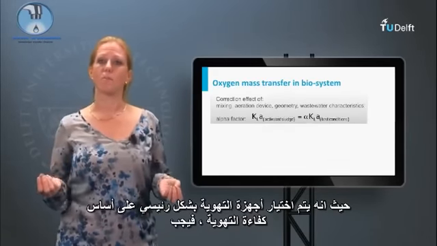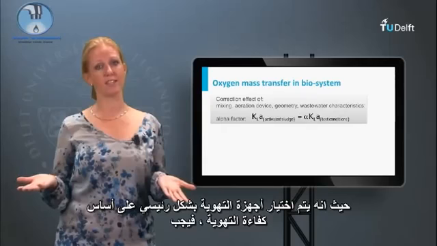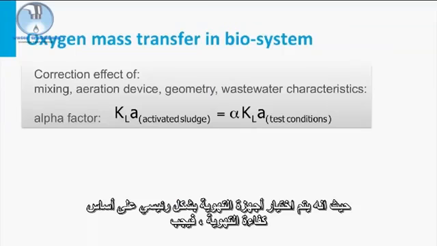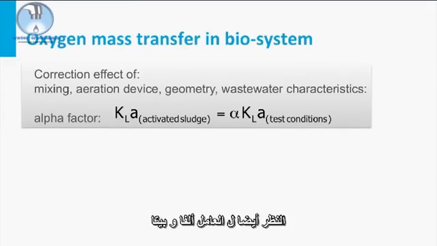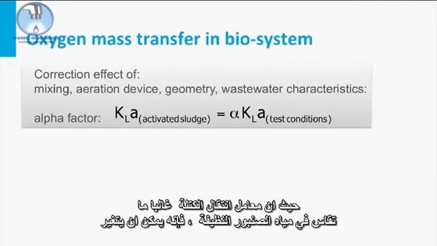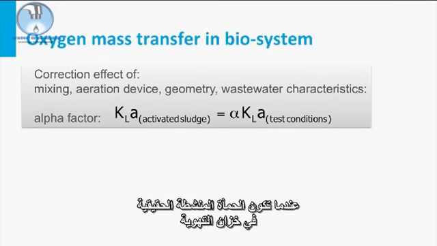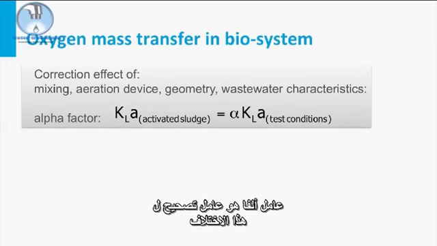Since aerators are mainly chosen based on aeration efficiency, the alpha and beta factor have to be considered too. Since the mass transfer coefficient is often measured in clean tap water, it can change when the real activated sludge sits in the aeration tank. The alpha factor is a correction factor for this difference.